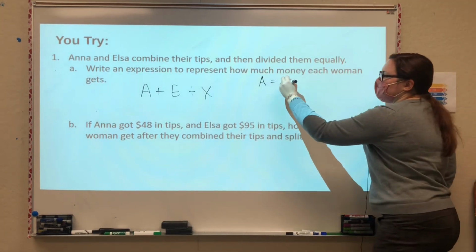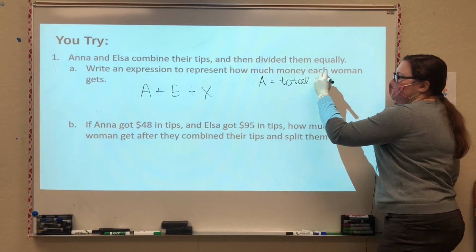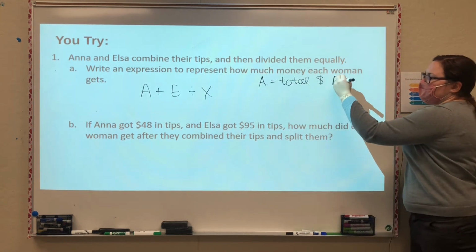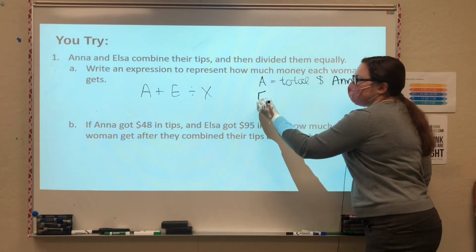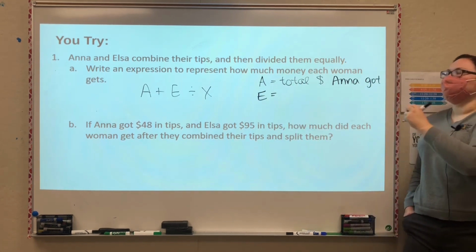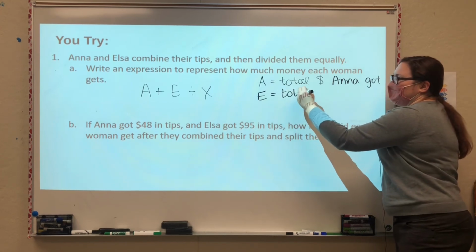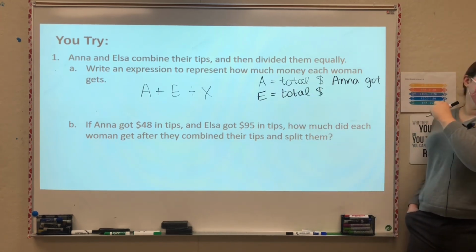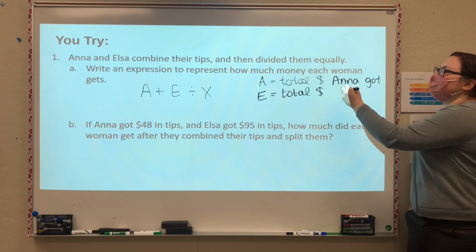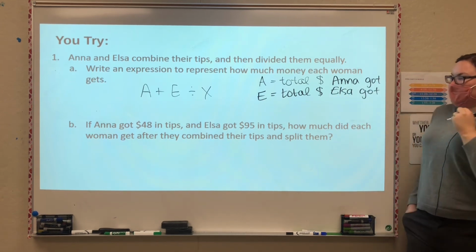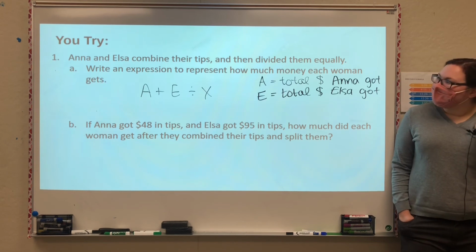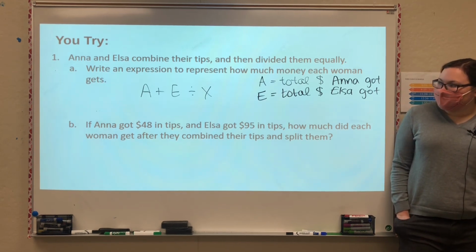Yep, so we could say total money Anna got. And then E is the total amount of money Elsa got. That's perfect. What about X? The number they're dividing it by.